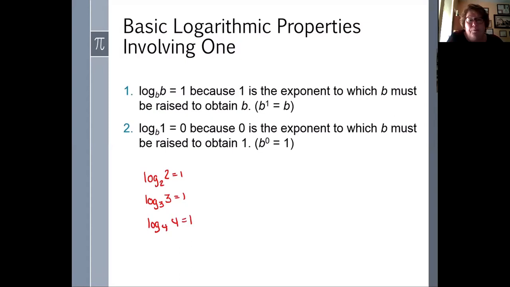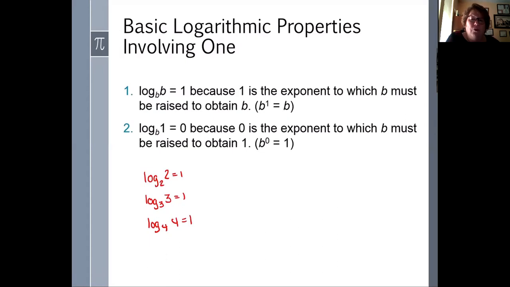The second basic property we have of logarithms is that the log base b of 1 is 0. So anytime you take the logarithm of the number 1, you get 0, because 0 is the exponent to which that base b must be raised to get 1.